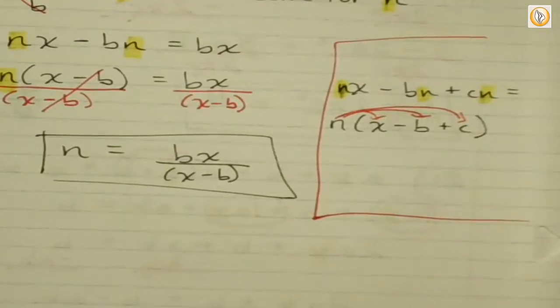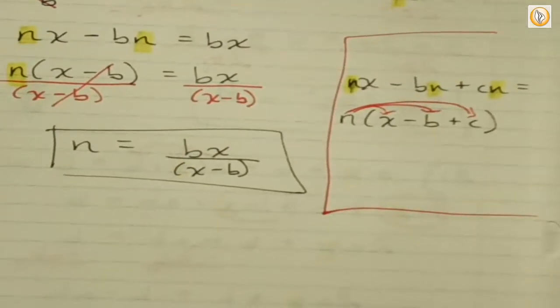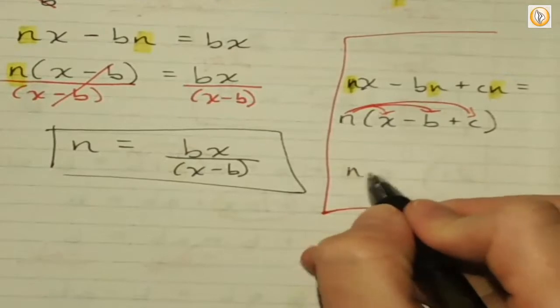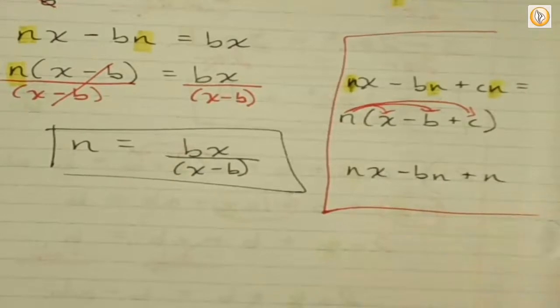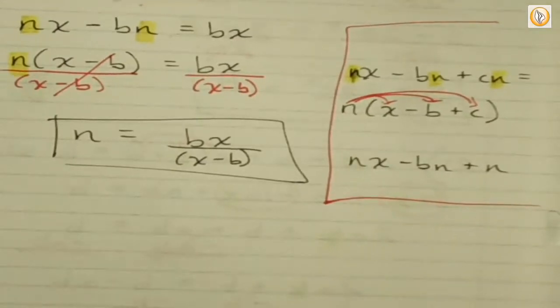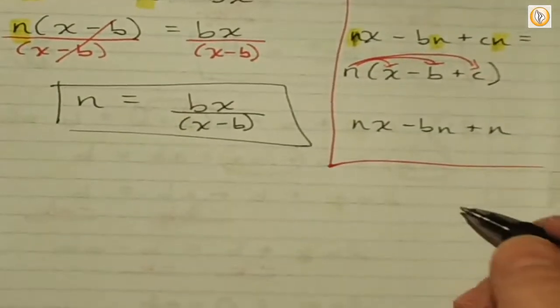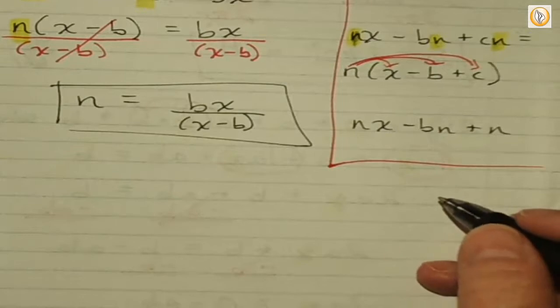If you had like another n, just without another letter, would you keep it or would you multiply it? If it was like nx minus bn plus cn. Plus, I gotta look at it. Let's see. He's saying if I had nx minus bn plus n. You could, I think, now correct me if I'm wrong, Taylor, y'all need to be looking.